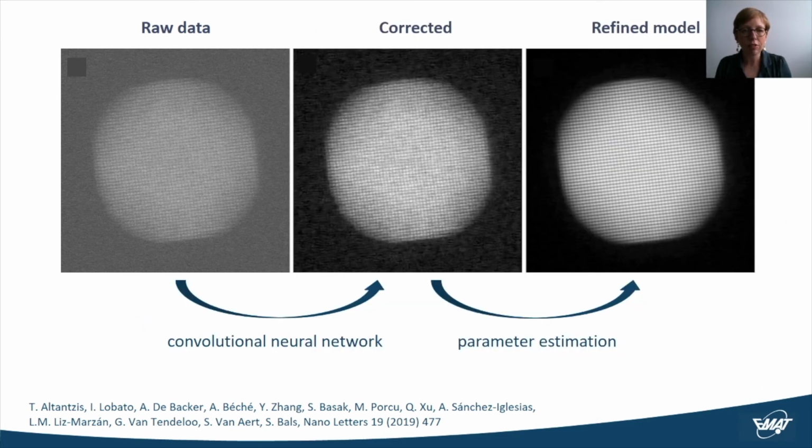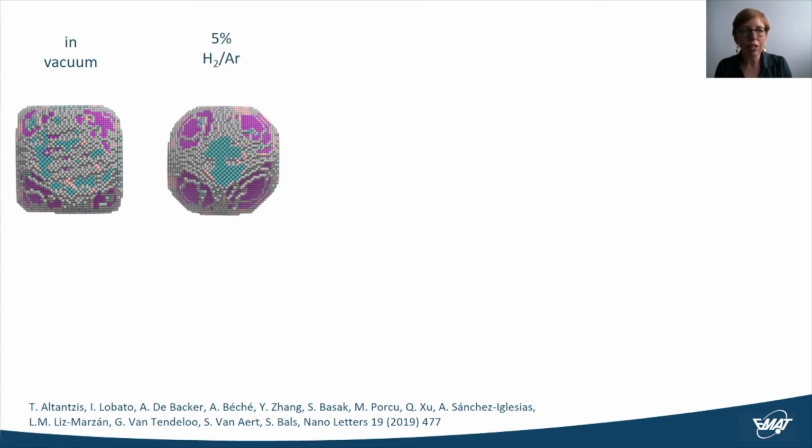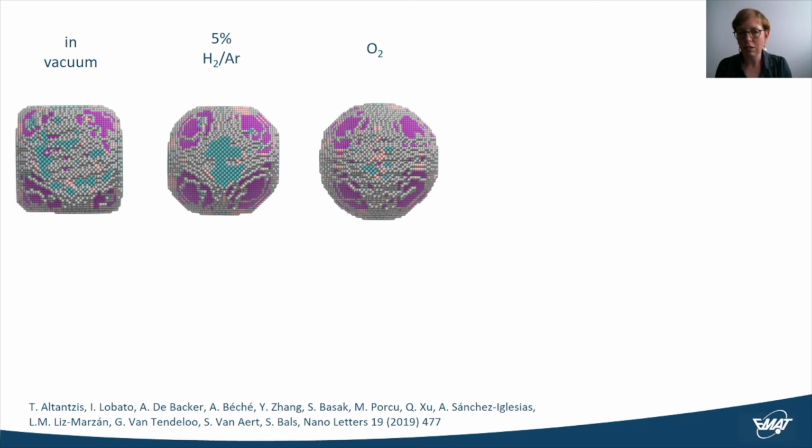Here you see the effect of the neural network when applied to an experimental image, which can then be used as an input to estimate scattering cross-sections using parameter estimation and to reliably count the number of atoms. Here you see the 3D reconstruction in a vacuum, but more interestingly, we can now follow changes of such particles under the flow of hydrogen and oxygen gases in this example.